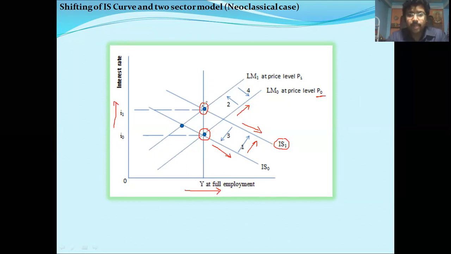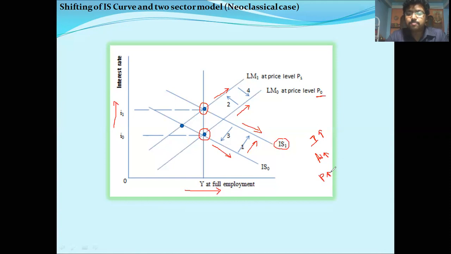But to have the money market in equilibrium, the LM curve should be LM1. Why? Because as investment increases, aggregate demand increases. As aggregate demand increases, the price level increases.